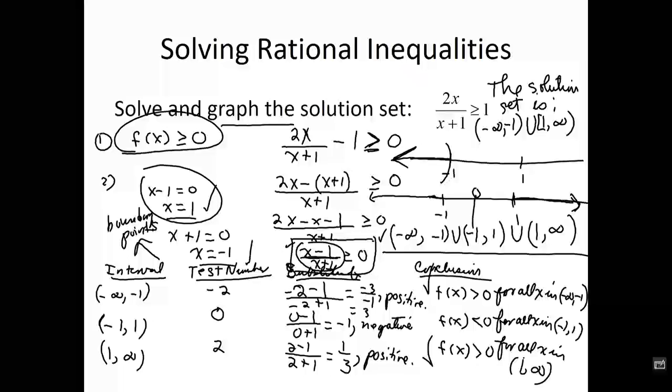And the set of all real numbers greater than or equal to 1, we're including 1, so we have the bracket and everything to the right. So this is the solution set in interval notation as well as a graphical representation of the solution set.